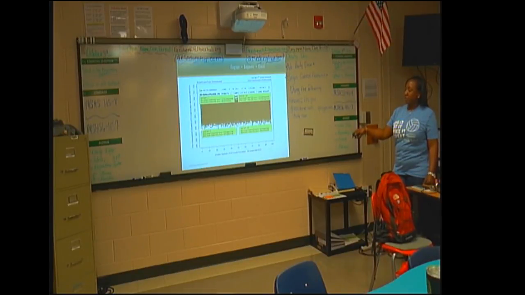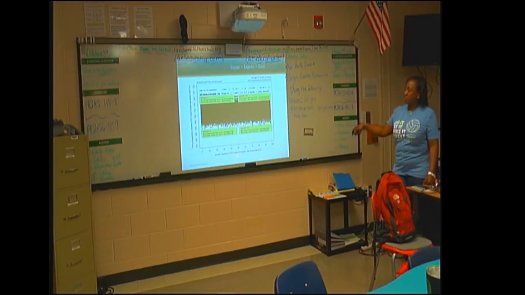In this lower left-hand corner, they took the math, scored 423. In 2016, they scored 391. Right here, they did not achieve, and they did not grow. Over in this area, we have 423 and 564. Their achievement is still low, but at least they grew a lot, right?